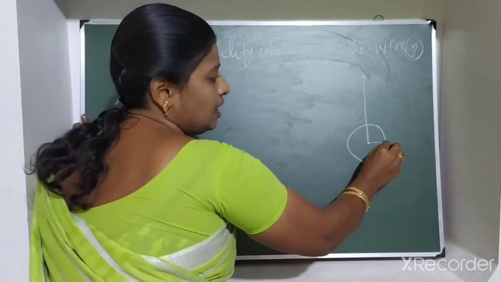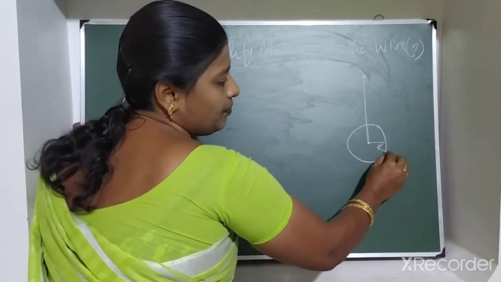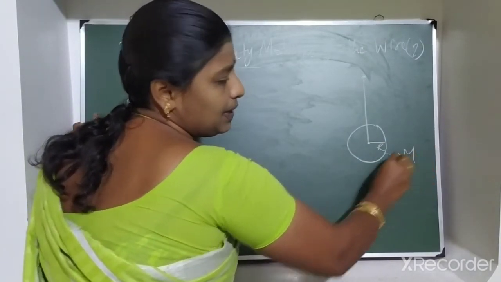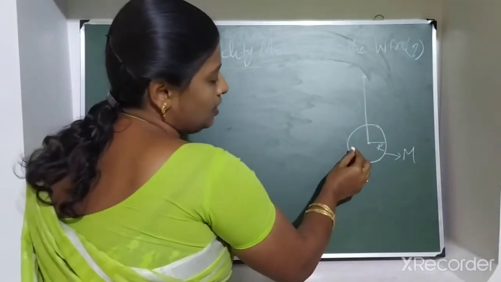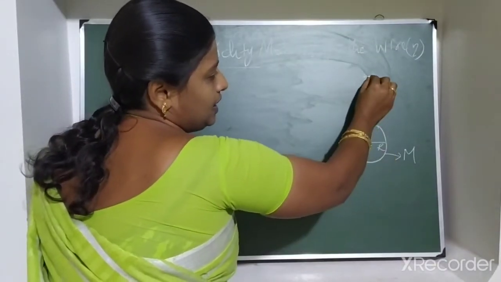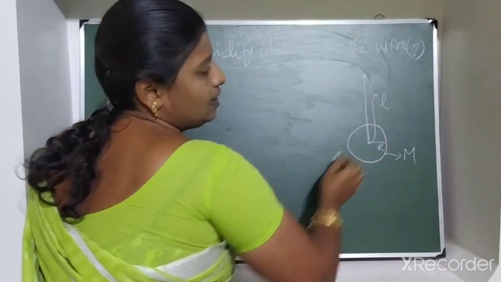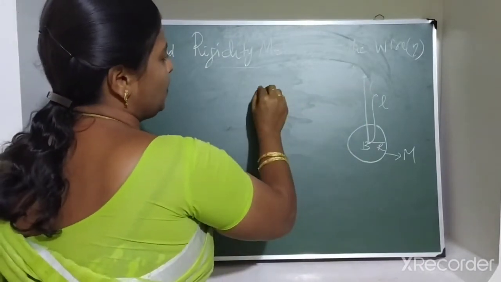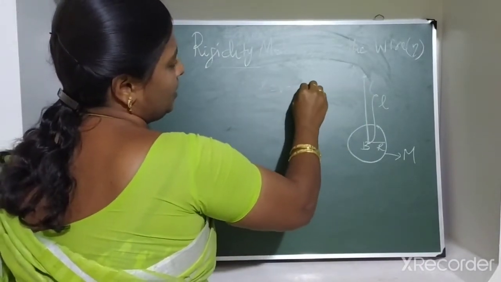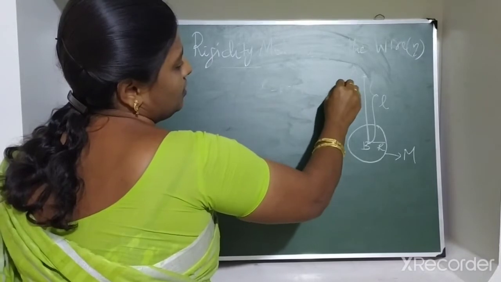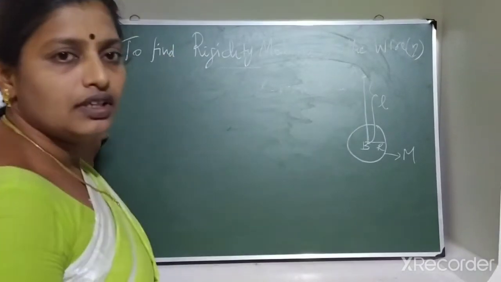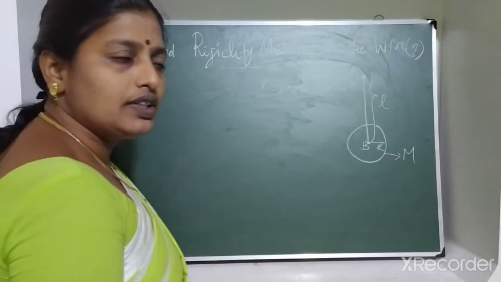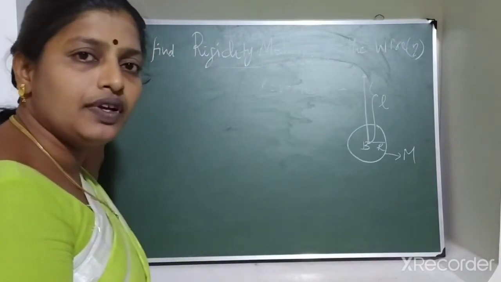This disc has radius capital R, mass of the metal capital M, and the suspension length of the wire is L. We can consider this length L equal to 80, 90 or 100 cm, etc. Okay, that is a torsional pendulum.